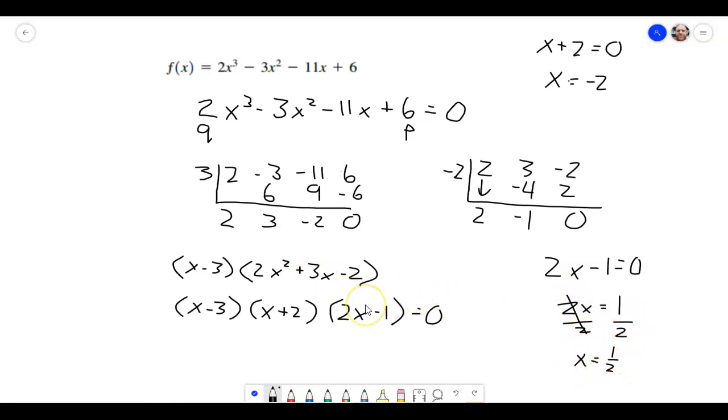Now notice I did this in two separate ways, but if you can get all the rational roots from your calculator, you're fine. If you can only get one of them, sometimes that's good enough in order to figure out the others, because the rational zero theorem is not going to give you any irrational roots. Irrational roots, when we talk about polynomials, are mostly square roots, cube roots, things like that.